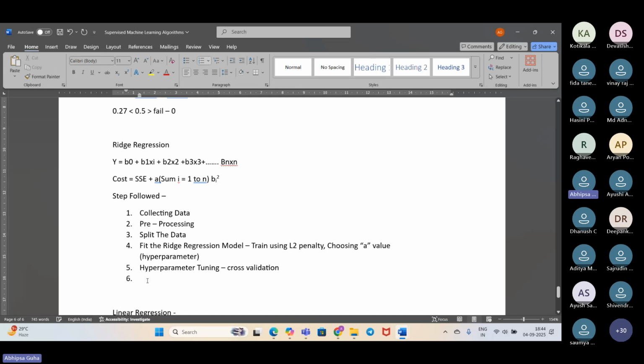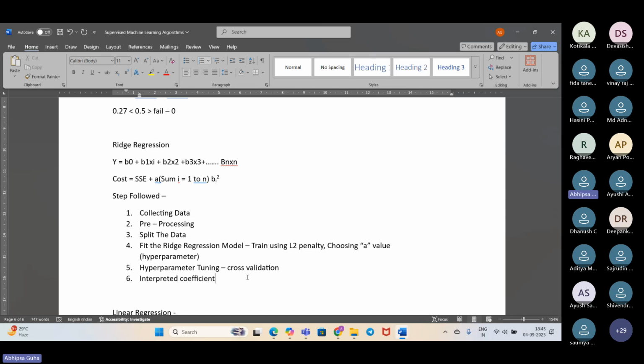These are actually the coefficients, and it will interpret this value. So these are the steps that we need to follow to showcase our project accordingly.